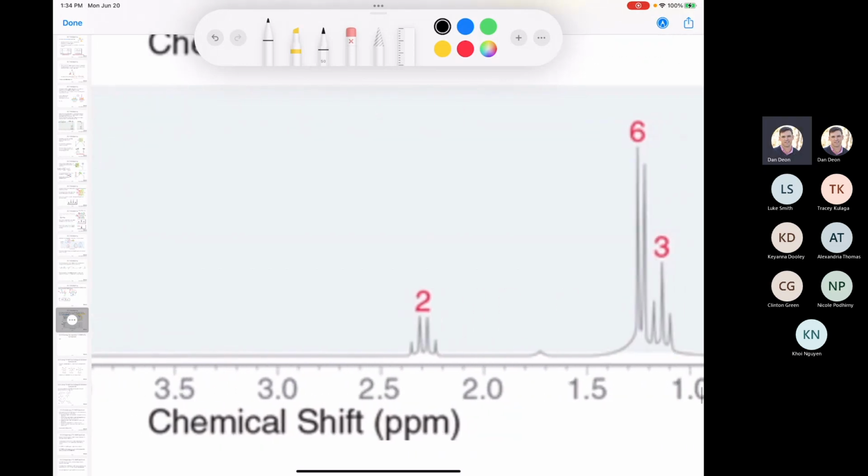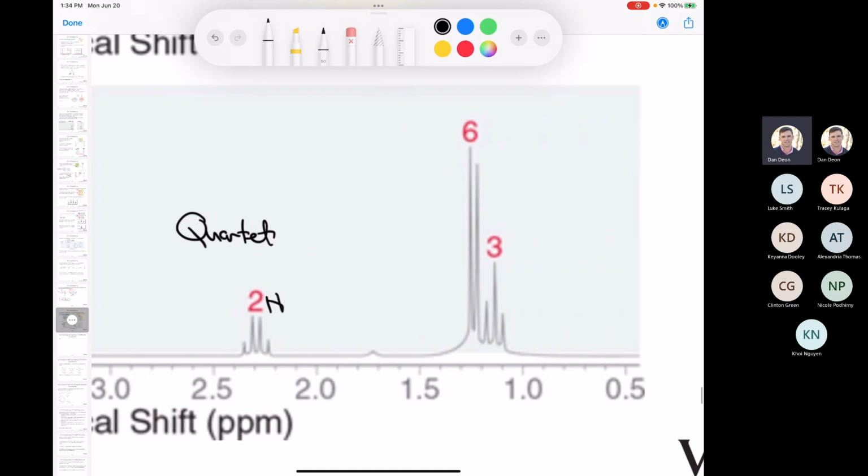Then if we scroll down here, we have a quartet that integrates for 2 protons. Then these are kind of close together, aren't they? Hopefully you can see that if you draw a line here, this is a doublet that integrates for 6 protons. And then this one down here is a triplet that integrates for 3 protons.